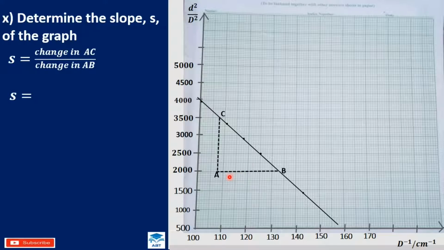For change in AC, we have 3500 minus 2000. For change in AB, we have 108 minus 133.